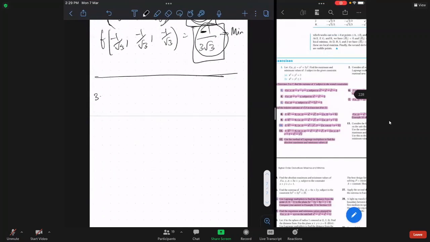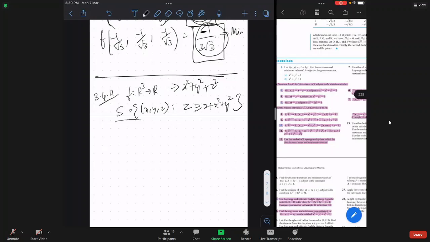So exercise 3.4.11, finding out the relative maximum. I've given you a function f from R cube to R, which is basically x square plus y square plus z square, and then you have S as the set of x, y, z such that z is greater than or equal to 2 plus x square plus y square.